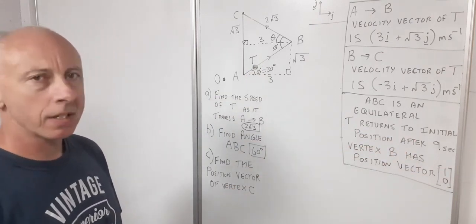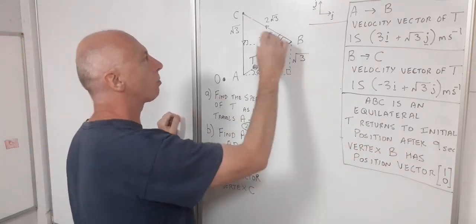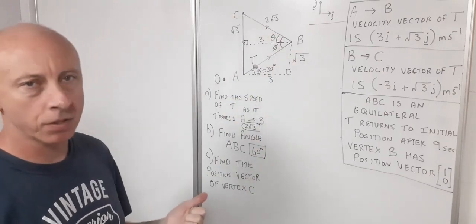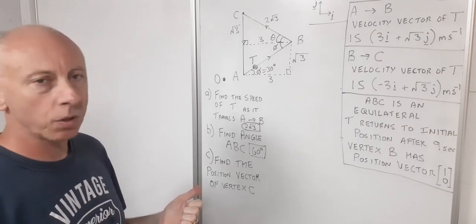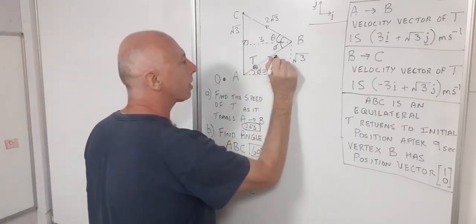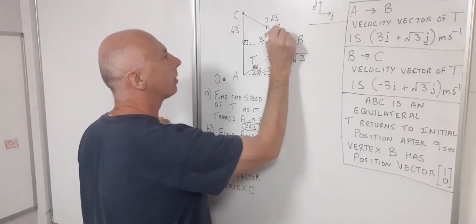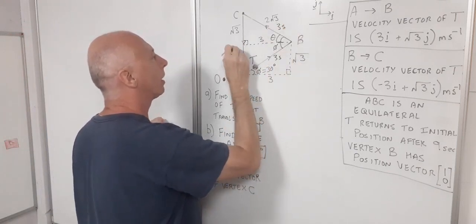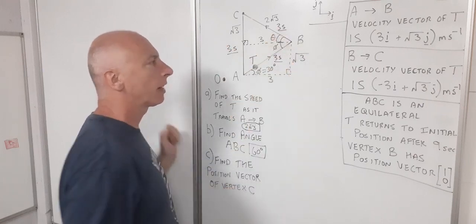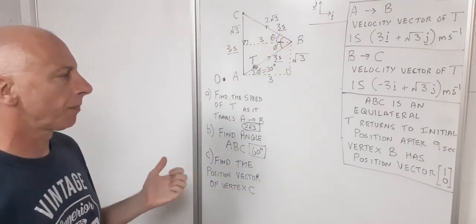Now, if it takes 9 seconds to travel around an equilateral triangle and its speed is constant, therefore we've got 3 seconds per side. So it would take 3 seconds along here, 3 seconds along here, and 3 seconds to travel along there. So that would give us our 9 seconds.